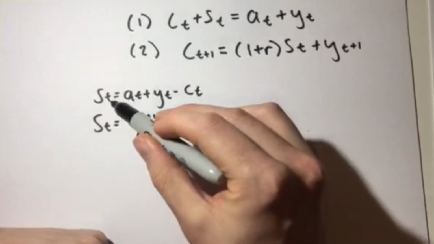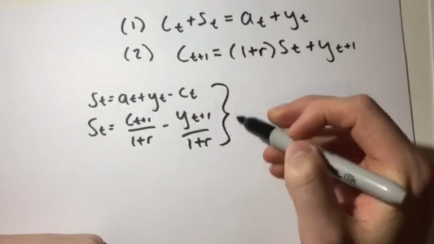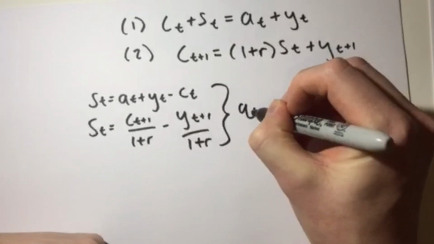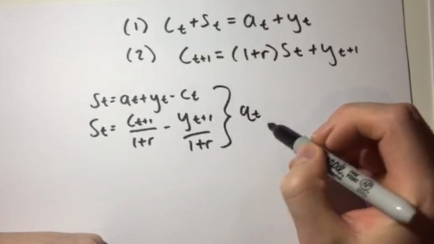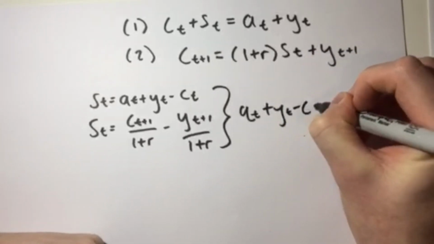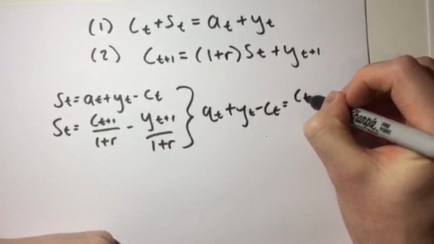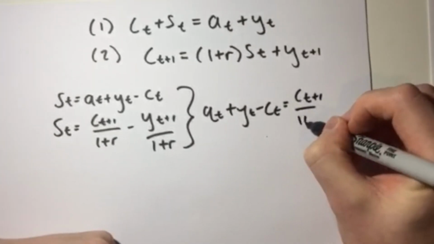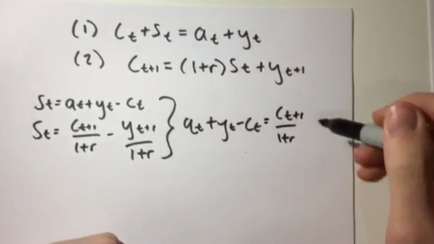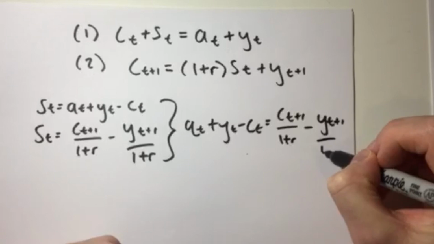We're going to set these both equal to each other because they're both equal to S_t. And then that's going to equal A_t, that's an A, plus Y_t minus C_t equals C_{t+1} over 1 plus r minus Y_{t+1} over 1 plus r.